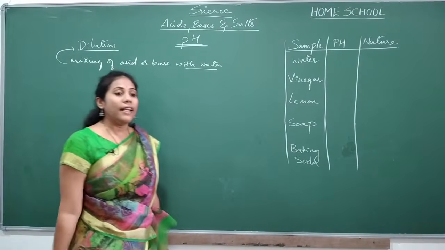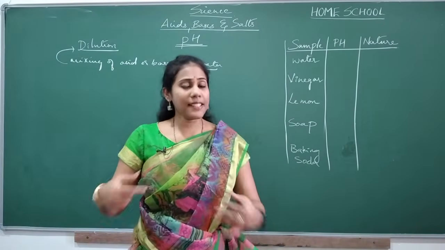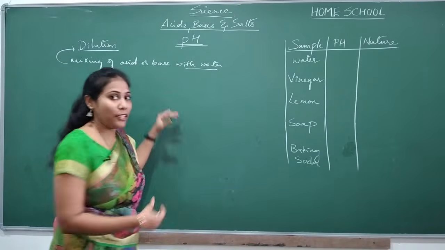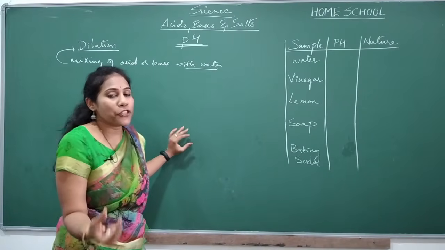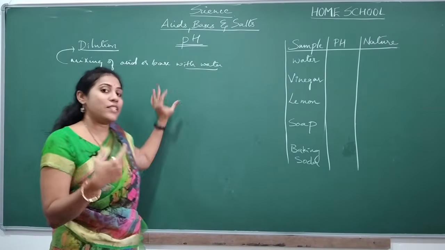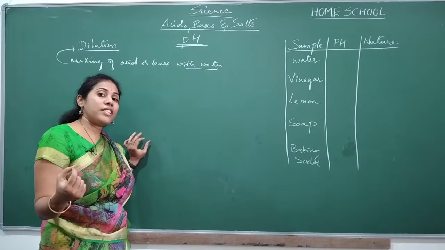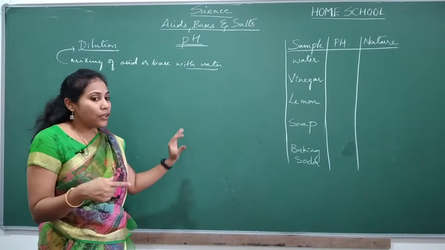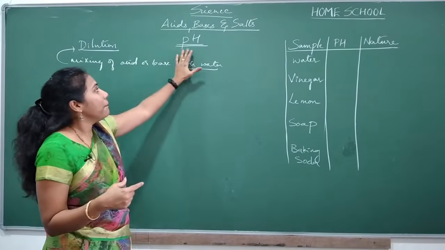Okay, and in this class we are going to deal with more aspects of dilution. Two types of solutions are there actually, based on dilution. We are going to discuss those two types of solution. And also we are studying something about pH.